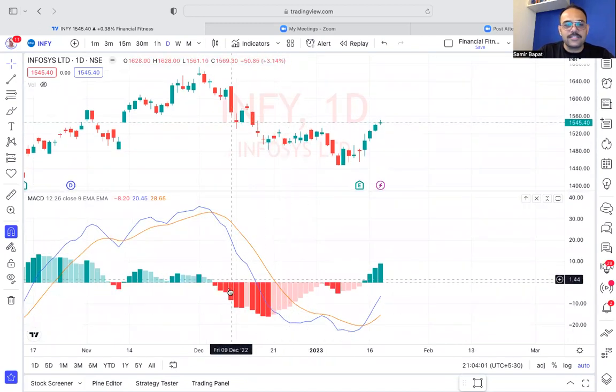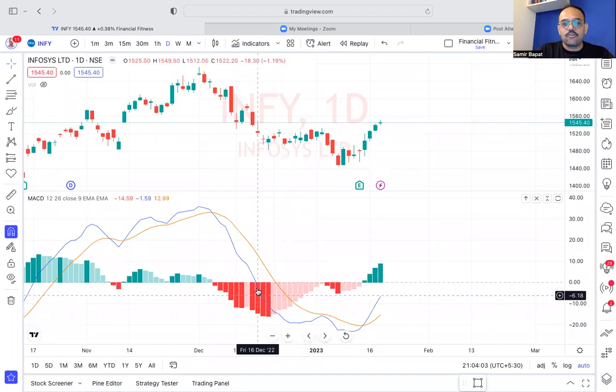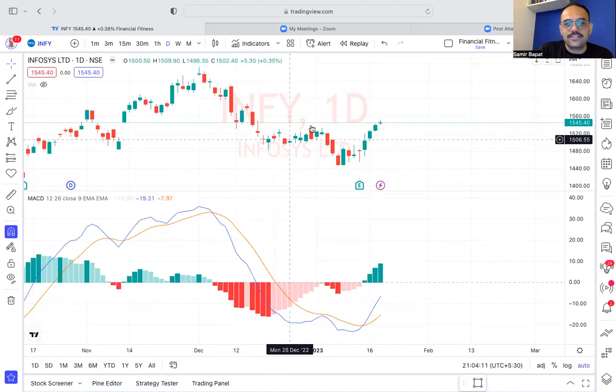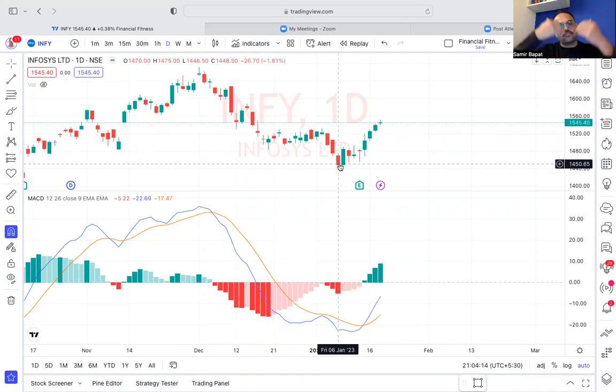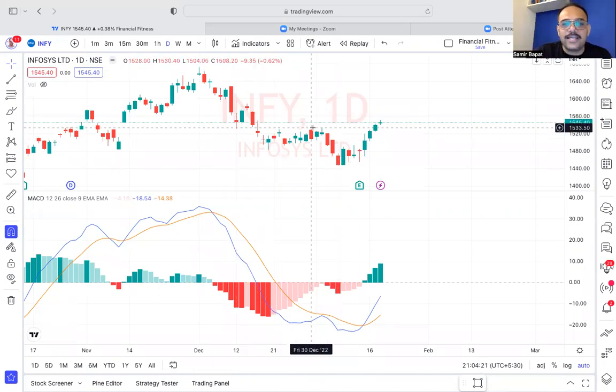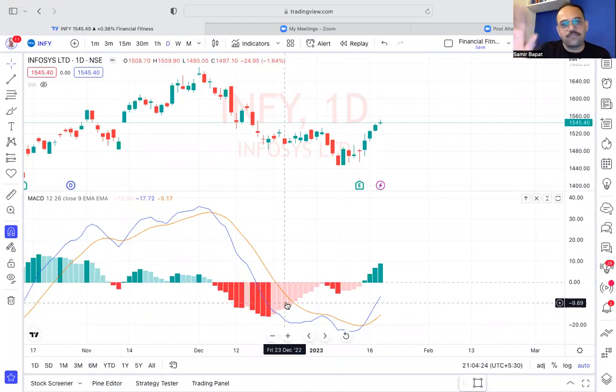Whatever these bars are, these are called the MACD histogram. It is formed by the price action here. Infosys is moving like this, and because of the relative price action of the last 26 days, 12 days and 9 days, this histogram is forming. We need only this much knowledge, nothing beyond that.